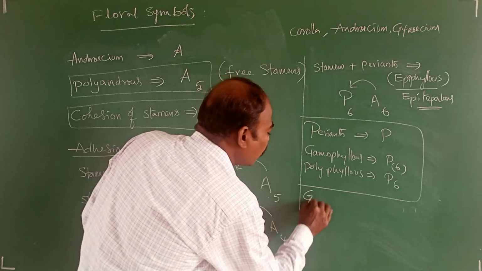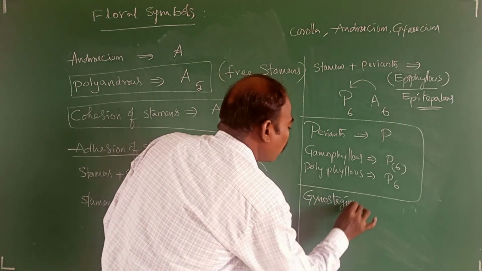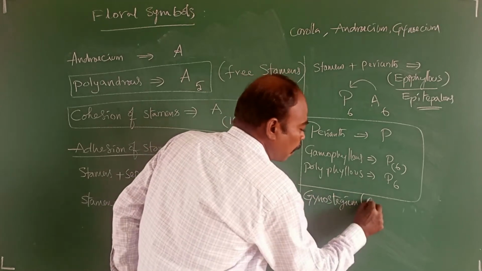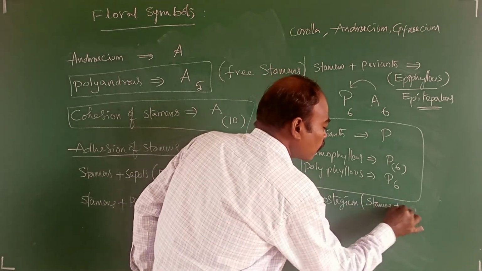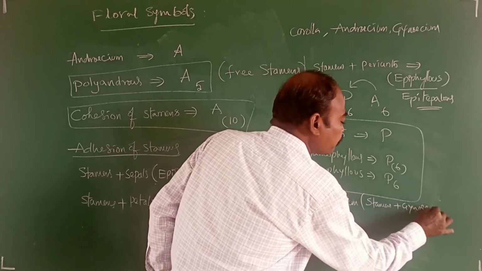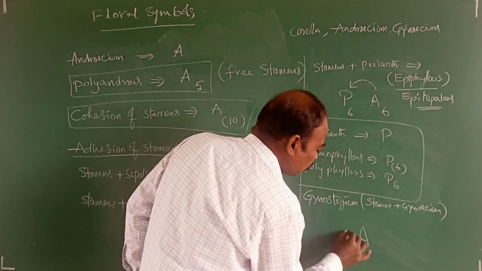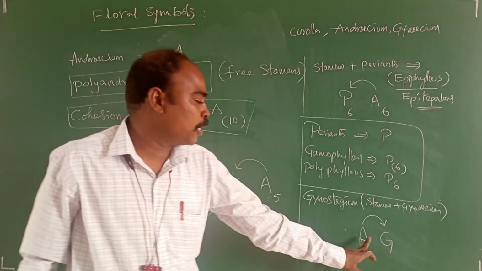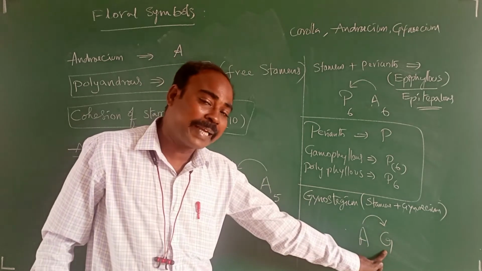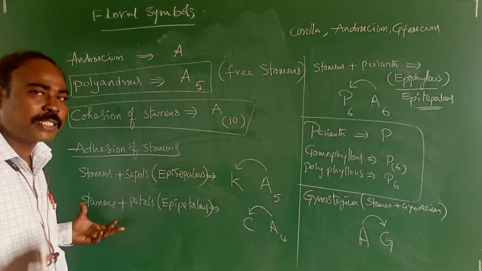Last one, gynoecium. Are the stamens attached with the gynoecium? This is shown as androecium, then gynoecium, G: androecium attached with gynoecium. So this is the adhesion of stamens. What is adhesion?